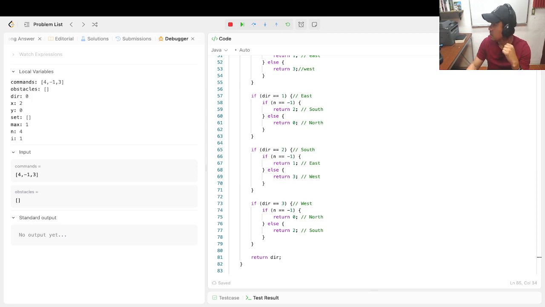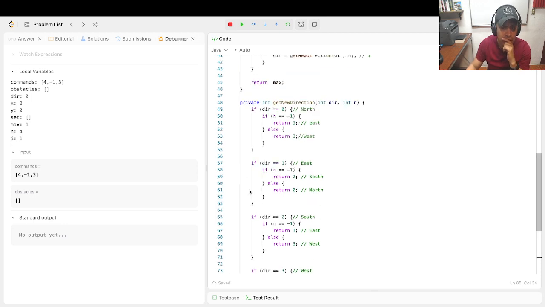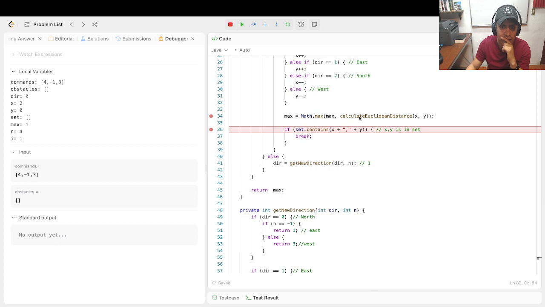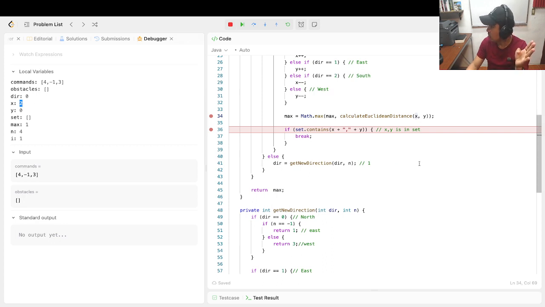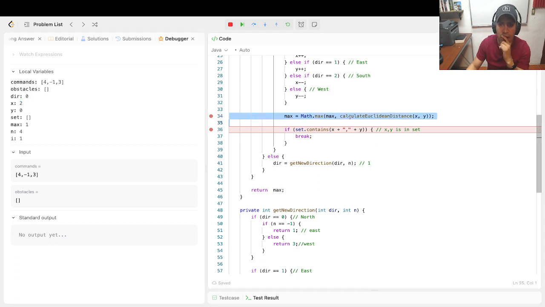What is this? I don't know why. For example, here x has this, the square of this number should be 4. But why?